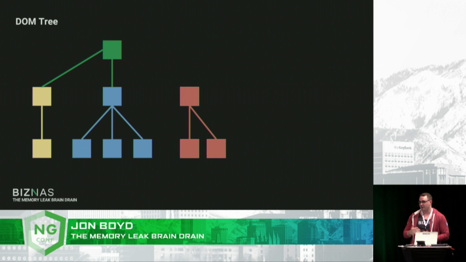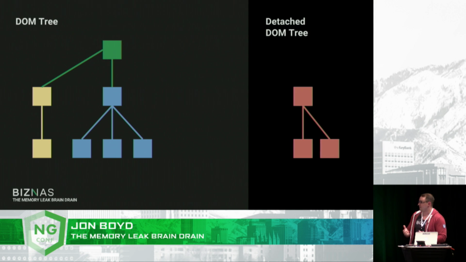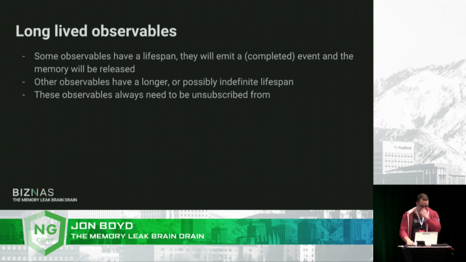But again, if you had a reference in the service like I showed in that example, it will actually retain the detached DOM tree. So when we were looking at the tools earlier, you could see the DOM nodes going up. And if you looked at the actual application, obviously nothing was being added to the DOM. And that's because the DOM tree every time was getting detached from the application.